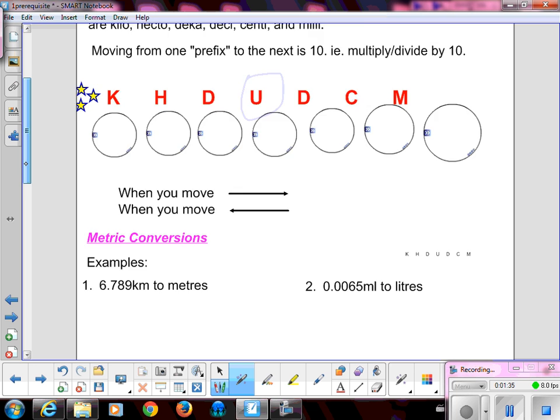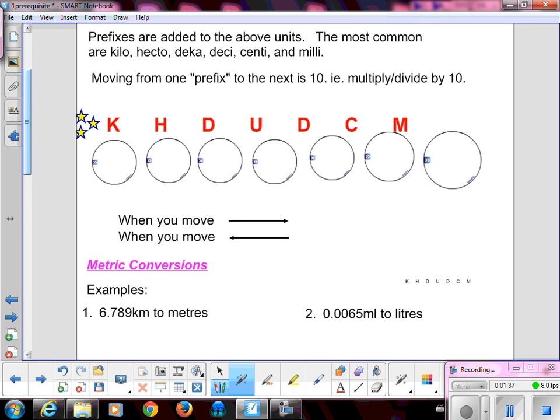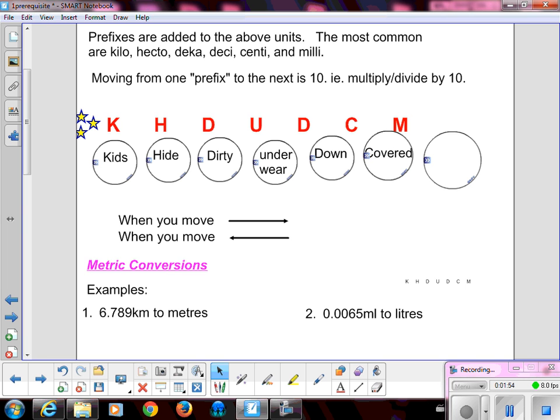So that's what goes there. Now, I need to remember the order of those prefixes, so the easiest way is to come up with some kind of mnemonic clue to help you. One that I came across a few years ago on the internet went, kids hide dirty underwear down covered manholes. Not really nice, kind of yucky, but it's so yucky, I think that I remember it.